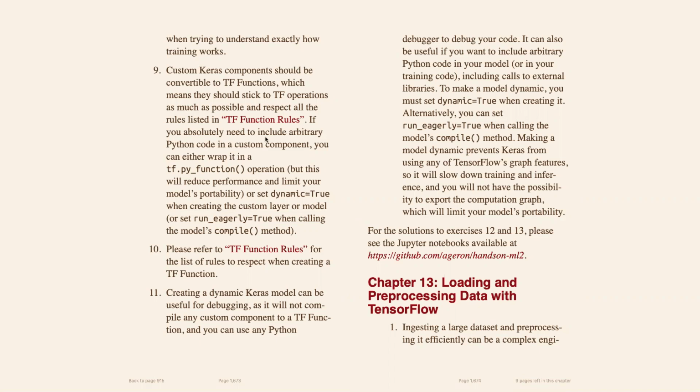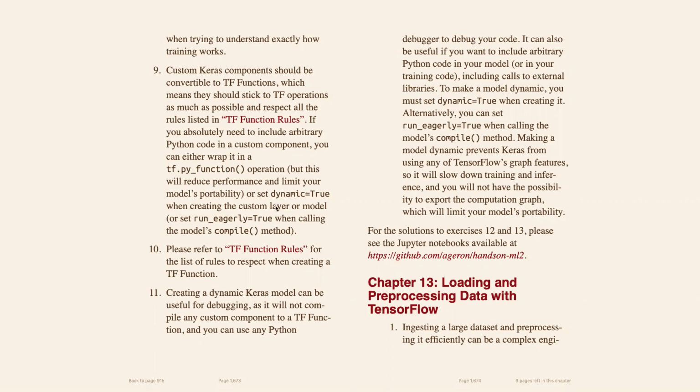Okay, I'm going to read this part again. If you absolutely need to include arbitrary Python code in a custom component, you can either wrap it in a tf.py_function operation, but this will reduce performance and limit your model's portability, or set dynamic=True when creating the custom layer or model, or set run_eagerly=True when calling the model's compile method.